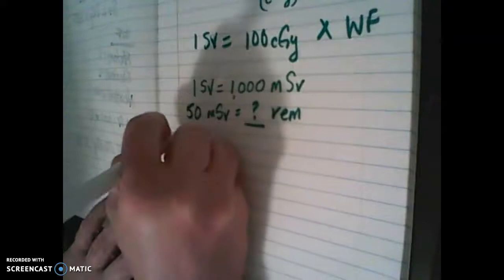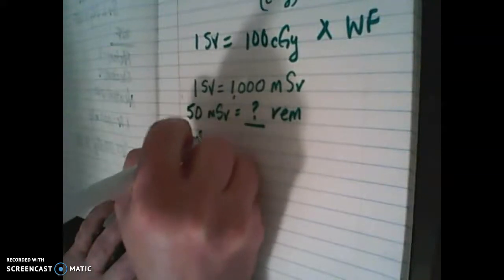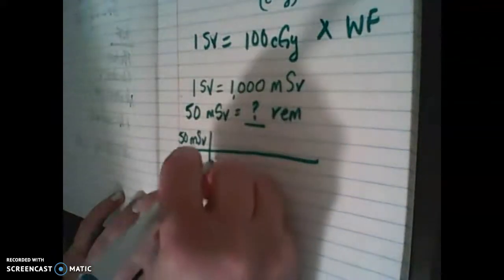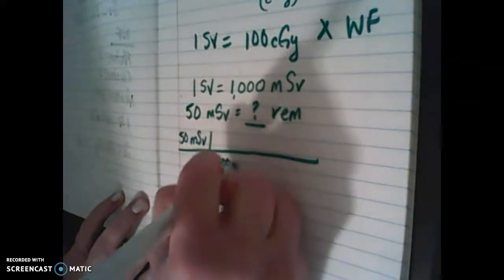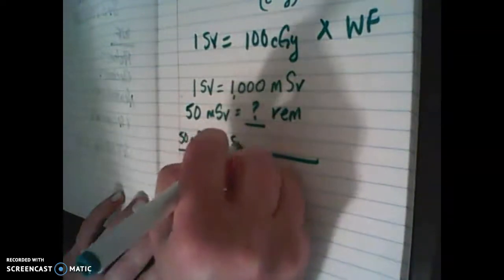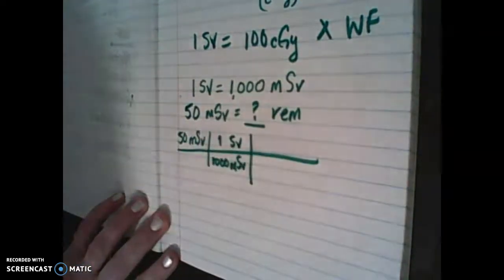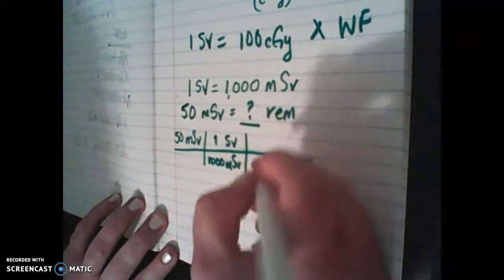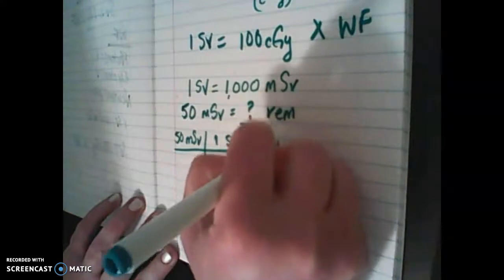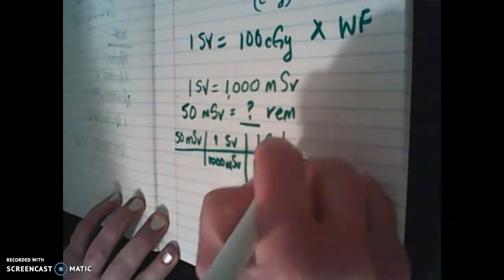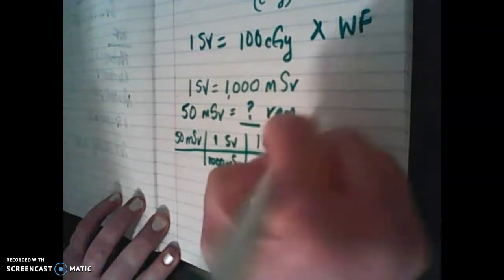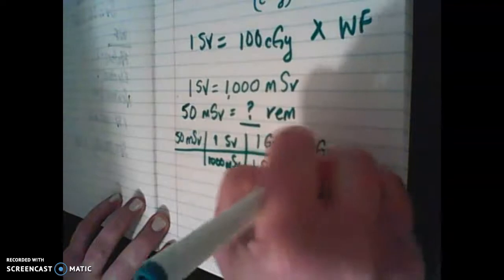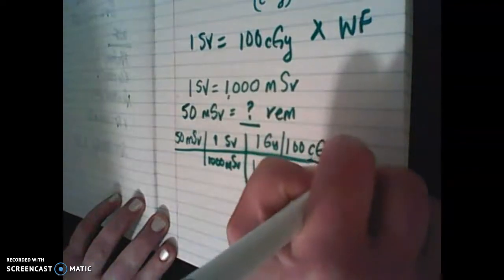So if we start with 50 millisievert, and we put our conversion factor, there's 1,000 millisievert in 1 sievert, and there's 1 sievert in 1 gray, and there's 1 gray in 100 centigray.